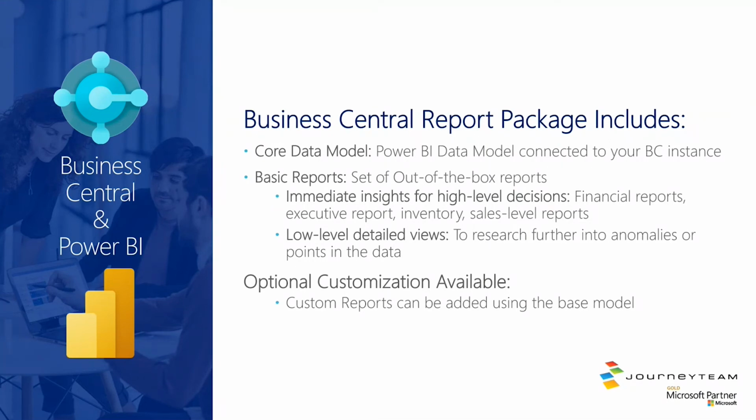Business Central has reporting. It's very stagnant. You aren't allowed to drill through and find out the problems and anomalies that are happening in your data. And now with this reporting package, you can go in, integrate it into Power BI, and you can now find the anomalies and problems with interactive reports that are coming through in Power BI.